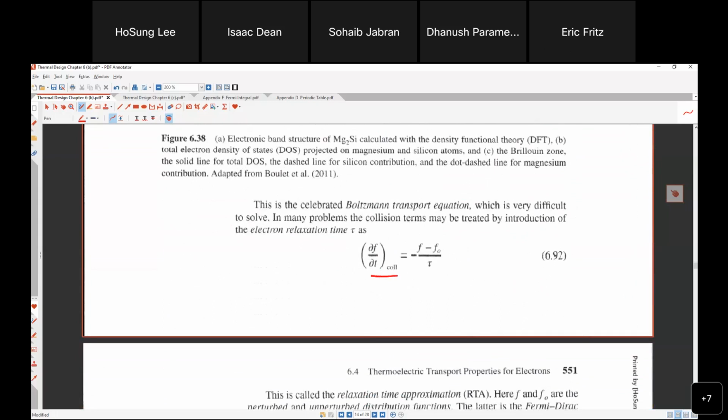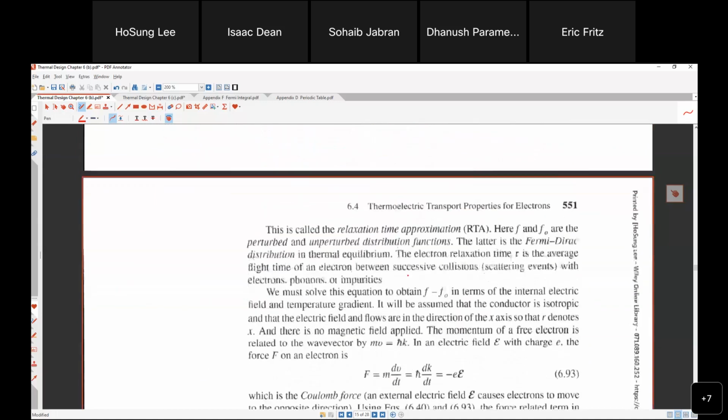This is really difficult, so we had to assume using the electron relaxation time, introducing a distribution between the scattering. So this is an assumption we used.